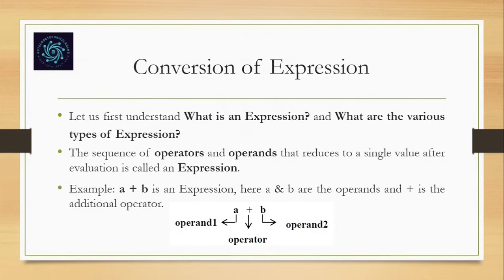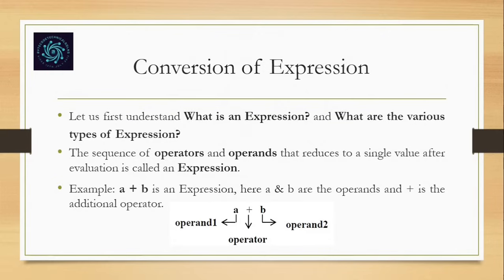Here the operands consist of constants and variables, whereas the operators consist of various symbols. It might be a positive symbol, a negative symbol, a multiplicative symbol or a division symbol, and so on. The operators indicate the operation that is to be performed on the operands.